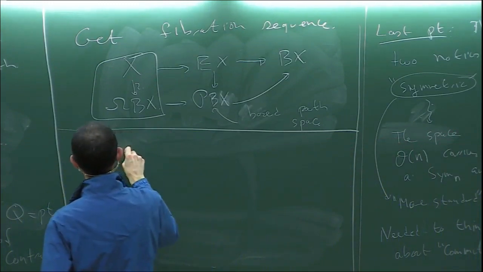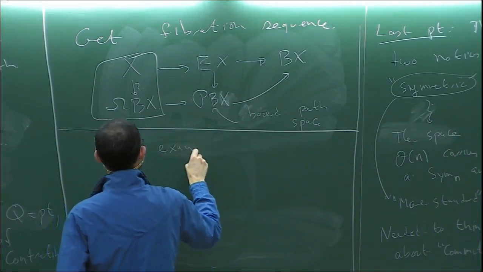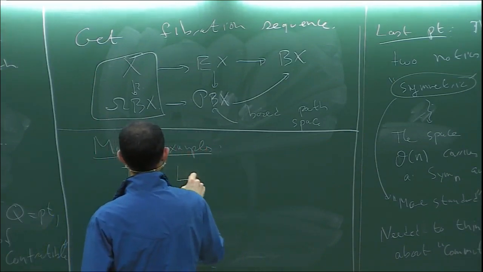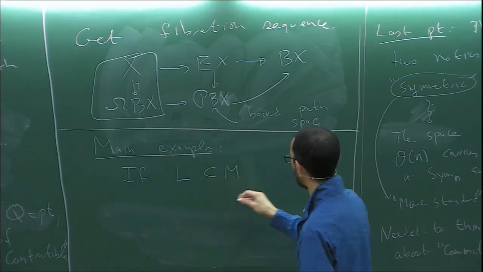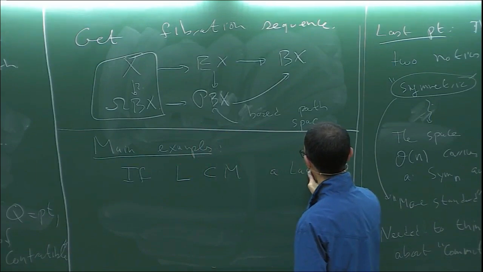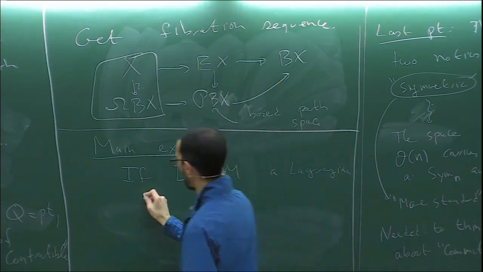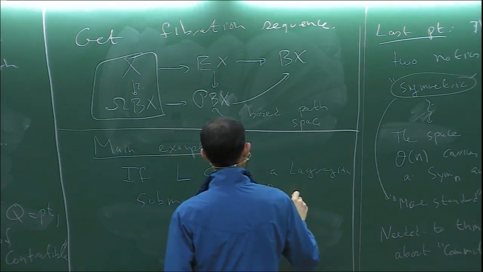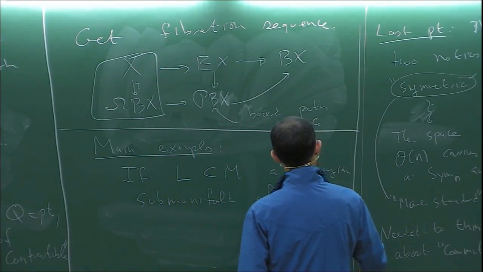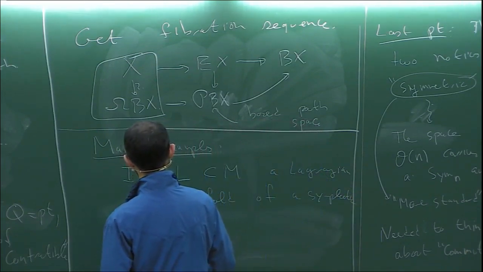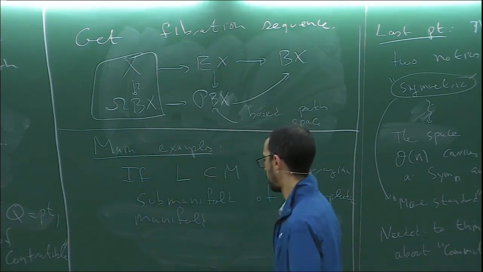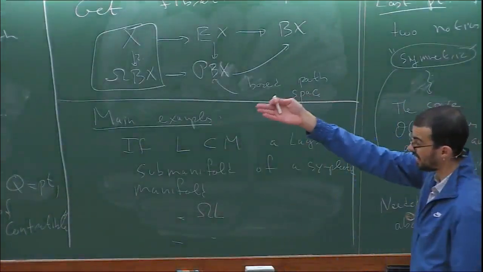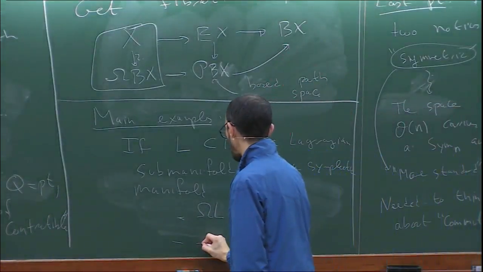But the main examples that we're going to think about, and it looks like this will only be tomorrow: if L inside of M is a Lagrangian submanifold of a symplectic manifold, then I want to think about the loop space of L. That's exactly this construction we were talking about. And I also want to think about this space.